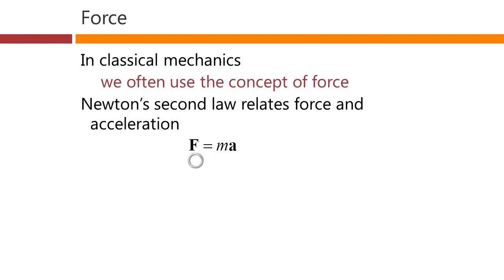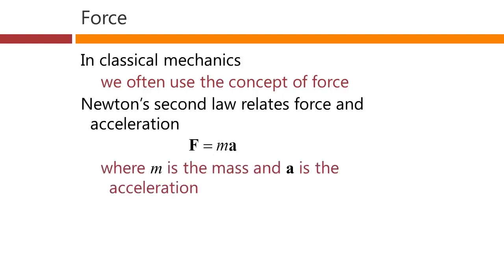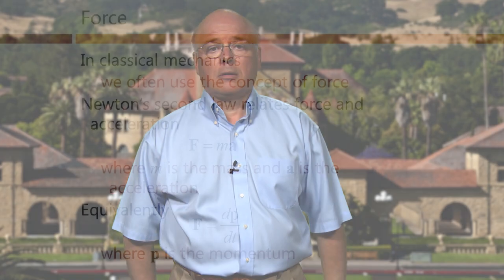And how fast it accelerates is dependent on how much force you put on and how massive it is, of course. So m is the mass and a is the acceleration, and it's a vector. Equivalently, we could say that the force is equal to the rate of change of momentum. We do find behavior that corresponds to Newton's second law in quantum mechanics.